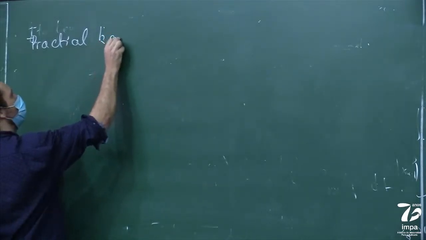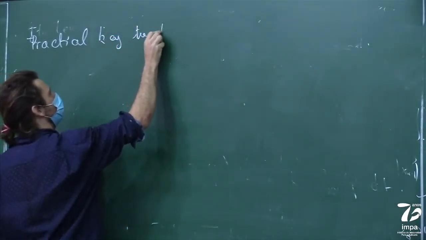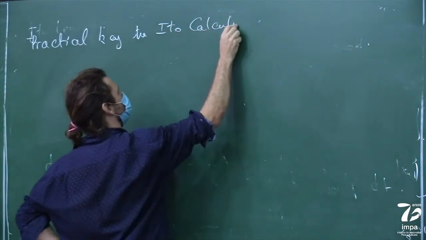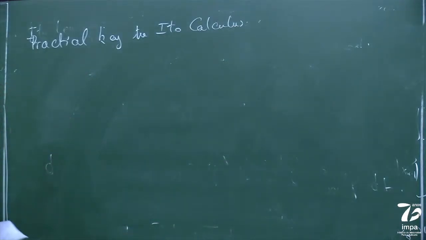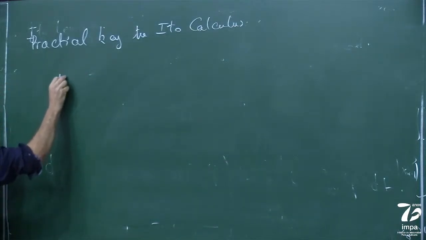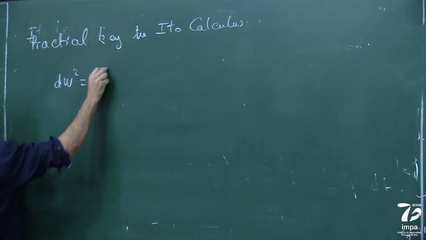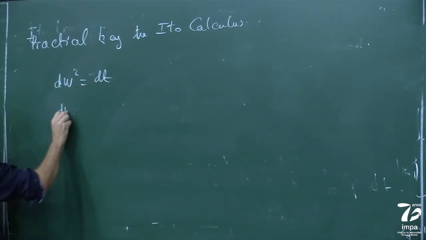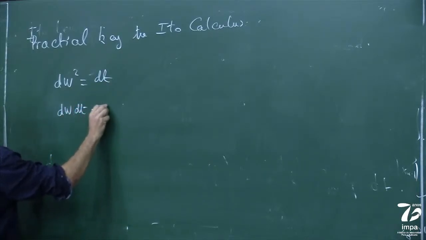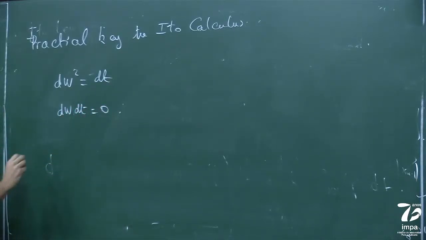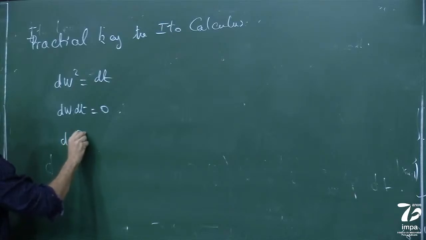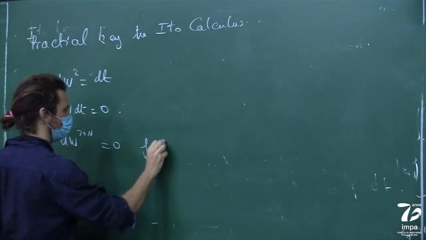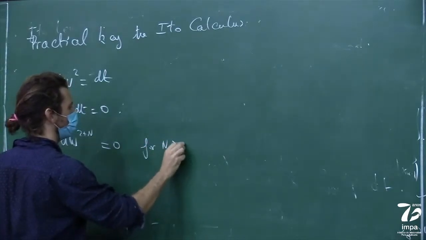The key to Ito calculus: just use essentially d omega squared equals dt, d omega dt equals 0, and d omega to the power 2 plus n equals 0 for n greater than 0.